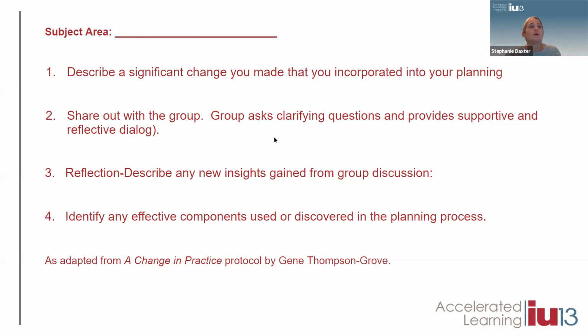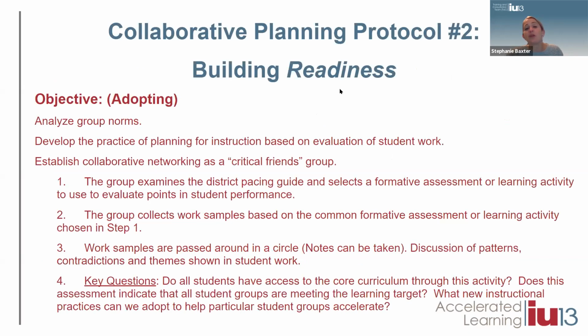That second level, the building readiness, where we're adopting the co-planning, we have this critical friends group, and they're going to look at these 4 items here. So the one thing that I want to highlight here is the key question. Do all students have access to the core curriculum through the activity?